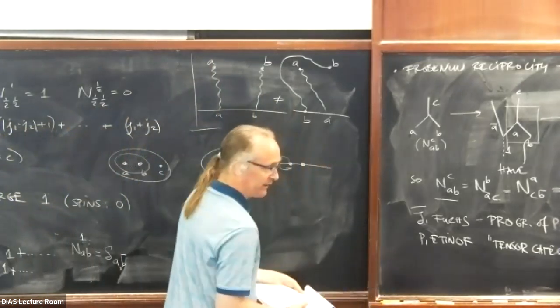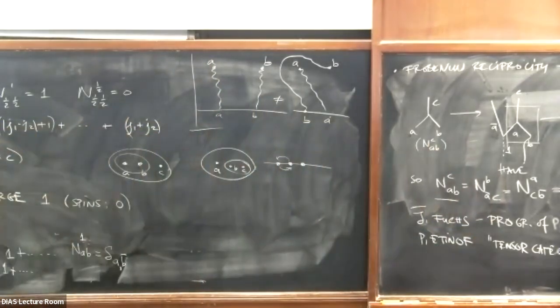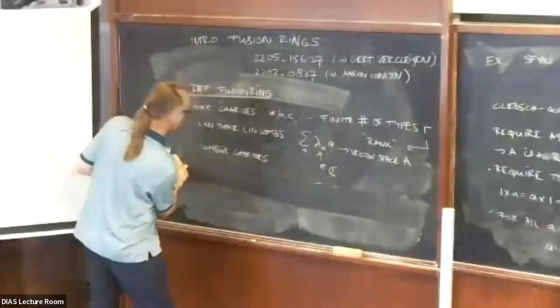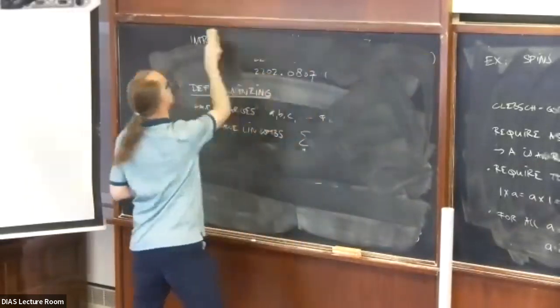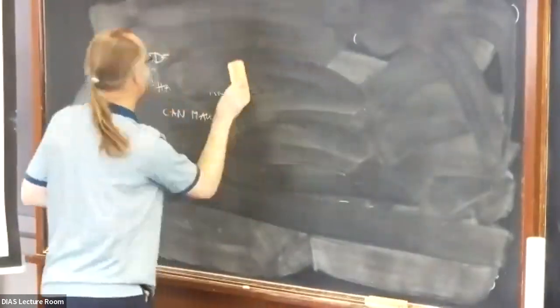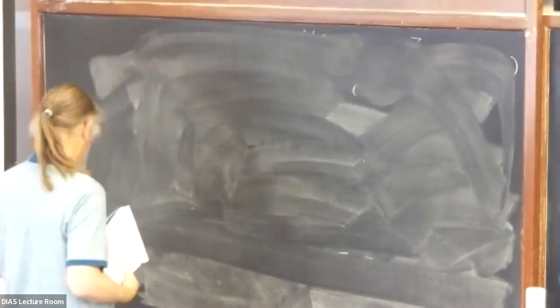Okay, so finally some examples, because I haven't given you any actual example yet, because the spins were infinitely many of them.